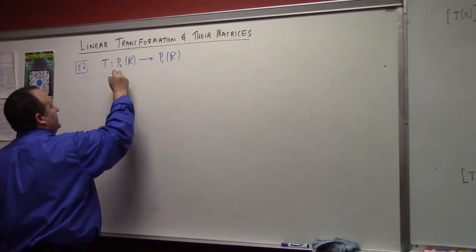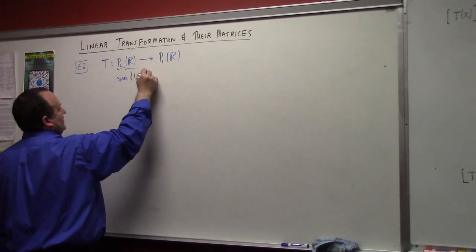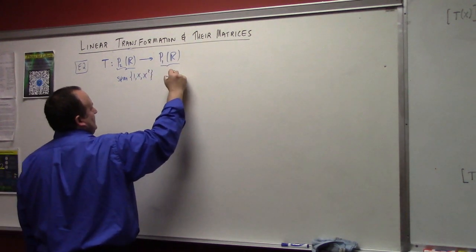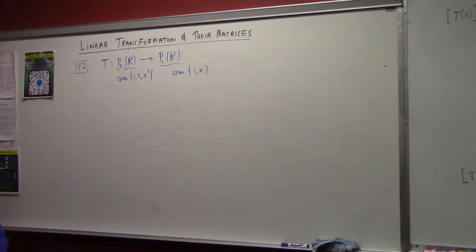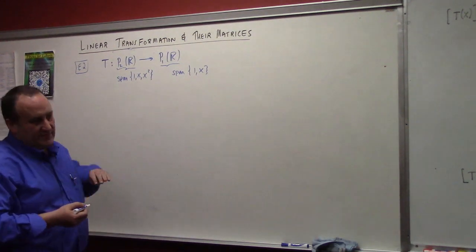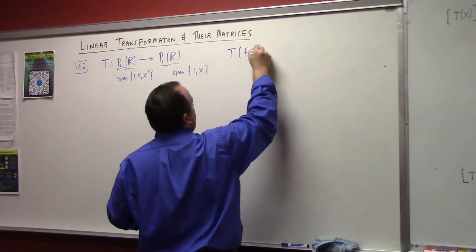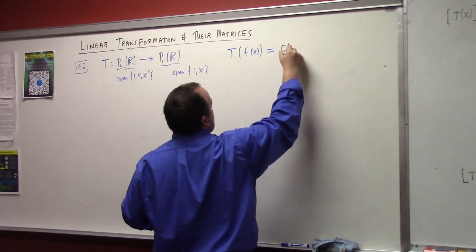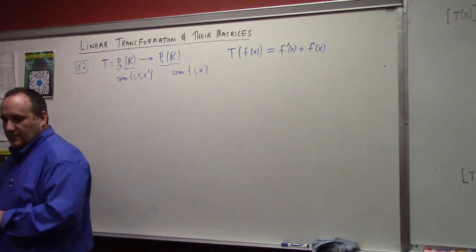We'll think of P2 as being the span of 1, x, x squared, and this one will be the span of 1 and x. We're going to use 1, x, x squared as the basis for P2, and 1 and x for the basis of P1. So we're going from a 3-dimensional space to a 2-dimensional space. And we'll let T f of x equal f prime of x plus f of x. Just to pick an example.